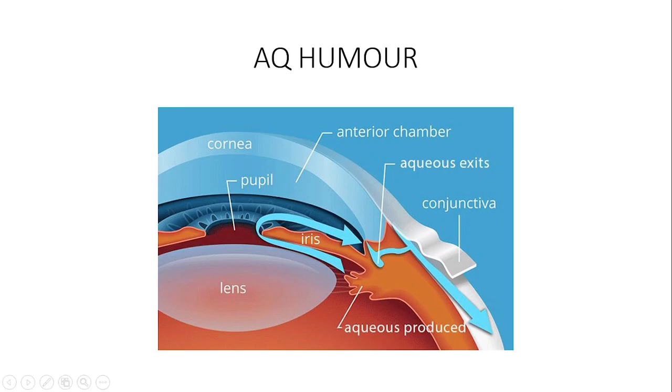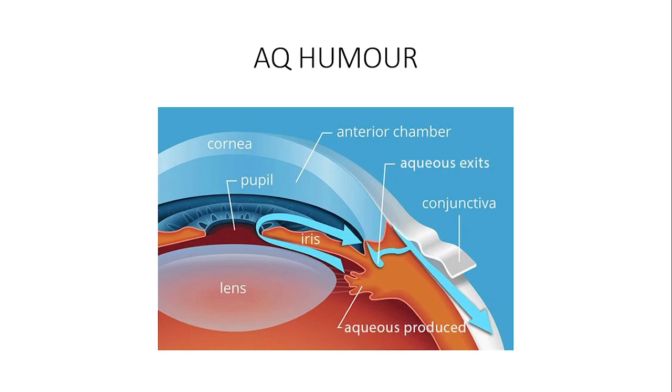Carbonic anhydrase is an enzyme whose presence increases production of what? Aqueous humor. And it is found around the epithelium of the ciliary body, iris, and other structures.